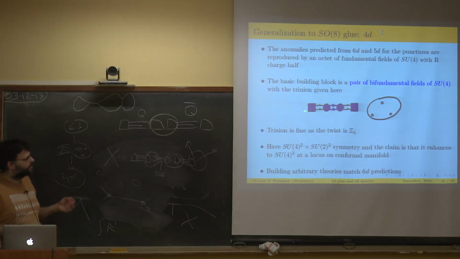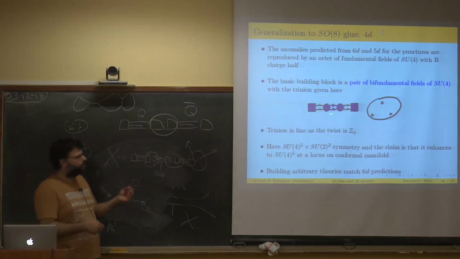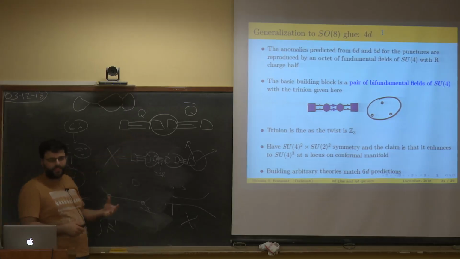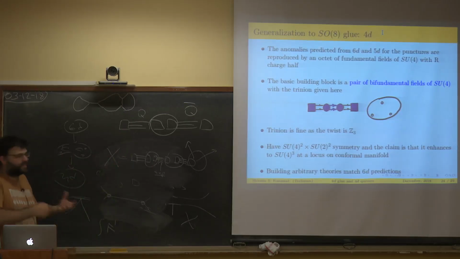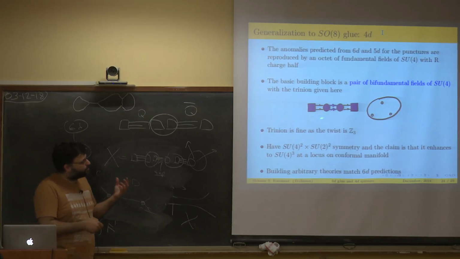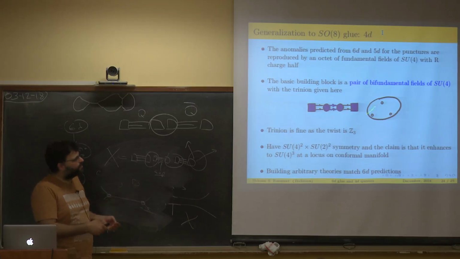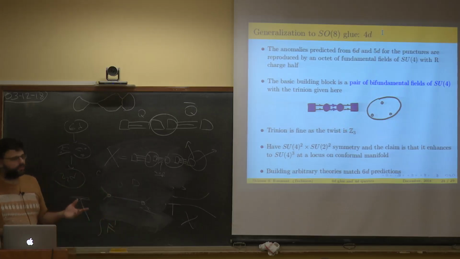These purple blocks are SU4 symmetries now. To make the anomalies work, instead of tri-fundamentals, consider pairs of bifundamentals of SU4. If you take 3 pairs of bifundamentals of SU4 and glue them together by gauging 2 SU4s, the claim is that you produce a theory which has all the properties to correspond to a 3-punctured sphere in this compactification.